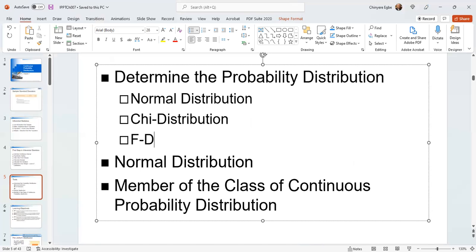F distribution, yes, we will get to F distribution in this class, to do a hypothesis test. We may not get to chi-square distribution, but it's a very useful one to be able to apply.